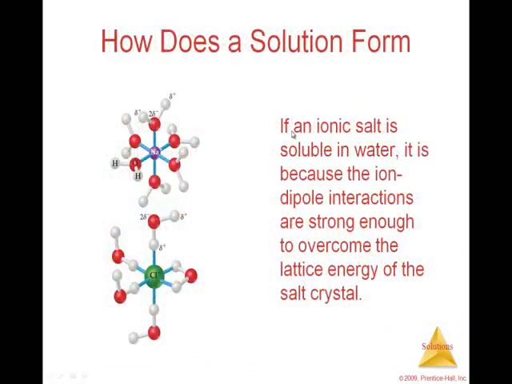So how does it actually form? Well, we have an ionic salt that's soluble in water. It's because of the ion-dipole interactions, and what that means is this sodium is an ion, right? It has a positive charge. And we have this dipole from the polar water, which is acting as a solvent. The more negative side of it is attracted to the sodium plus.